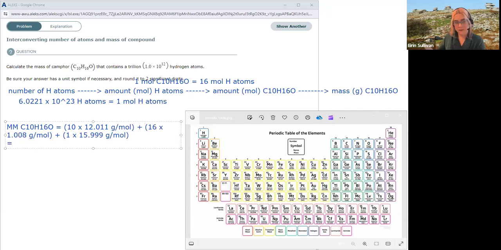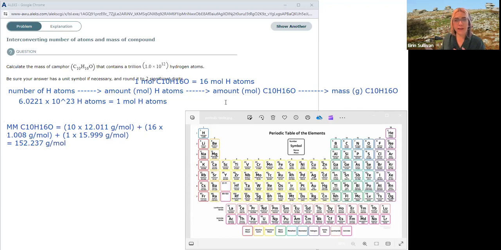Add those all together, and hopefully I'll do it right. Let's see. So what have we got? 10 times 12.011 plus 16 times 1.008 plus 15.999. Hopefully I get something sensible. 152.237 grams per mole.